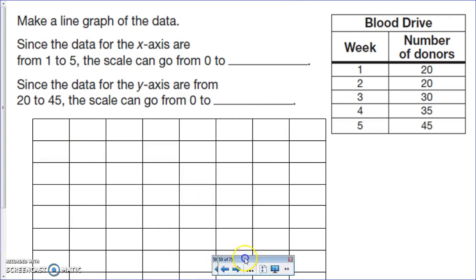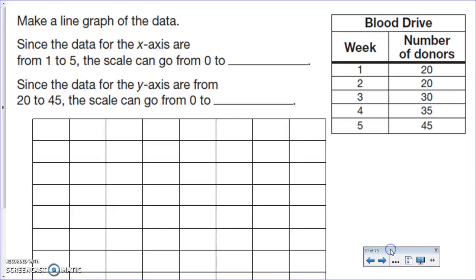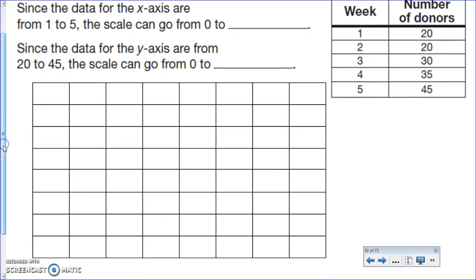Make a line graph of the data. Since the data for the x-axis are from 0 to 5, the scale can go from what? So we will definitely start with 0, and if we look at our graph here, we count, we have 1, 2, 3, 4, 5, 6, 7, 8 lines.